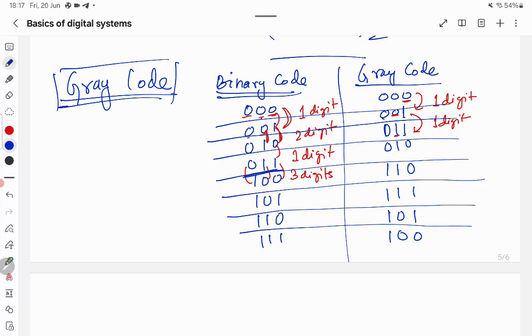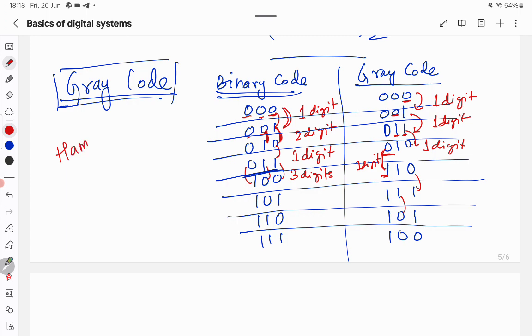Okay, if we look at every point here, the 1 remains as 1 and only 1 changes to 0, the last digit. So there is a change of only 1 digit. If you look to the next one, also same, change of only 1 digit, only this one is changing, right? So 1 digit changing. If you look here also, 1 digit is changing. So every time there should be a change in only 1 digit, not more than 1.